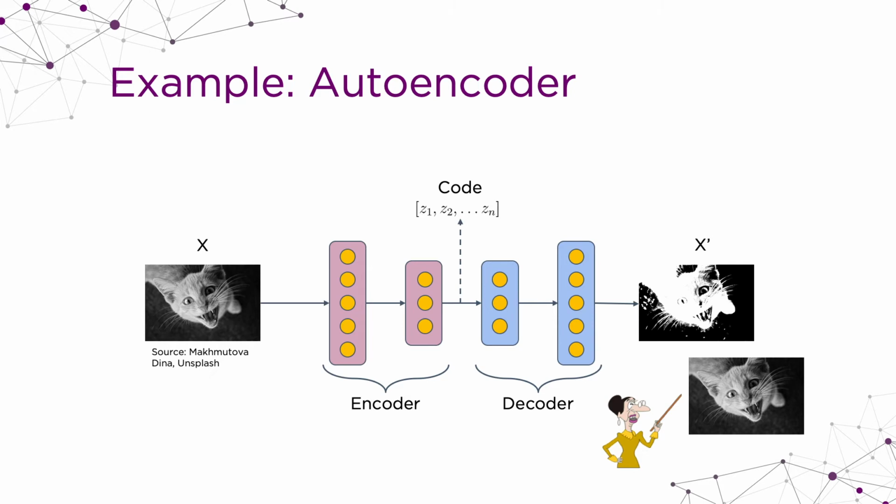The code must be in a smaller dimensional space. It's like a bottleneck, because if I go from, let's say, 1,000 dimensions to a vector of 10, and then I try to reconstruct my 1,000-dimension vector, the 10 dimensions will be a bottleneck. It must contain all the information required to reconstruct the image. That's why my image is not perfectly reconstructed.